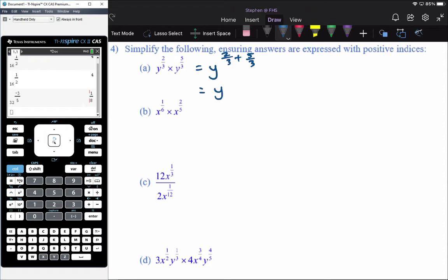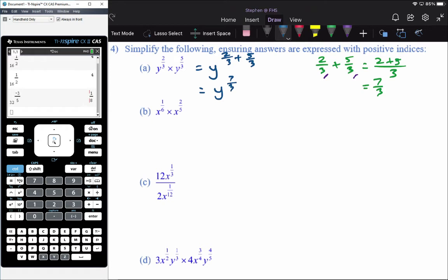So what is 2/3 plus 5/3? Well, the good news is that both denominators are the same. They're both 3, which means you just create a single denominator of 3, and you get 2 plus 5, and 2 plus 5 is 7, so the answer is 7 over 3. So the final answer is y to the power of 7 over 3.